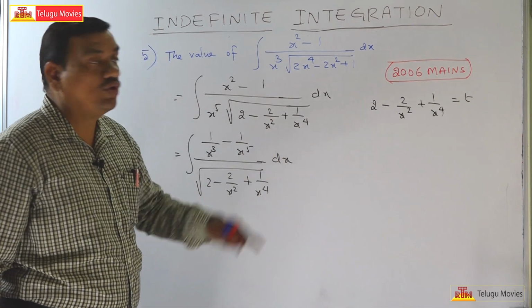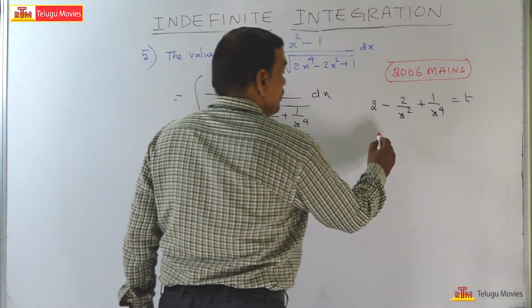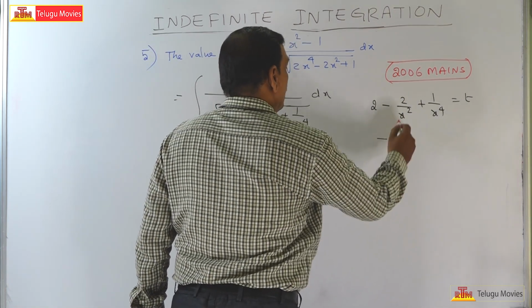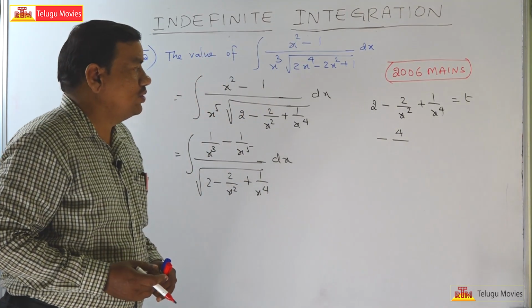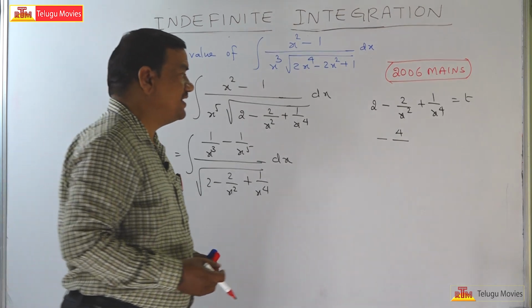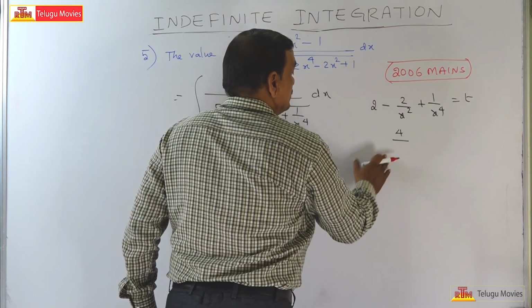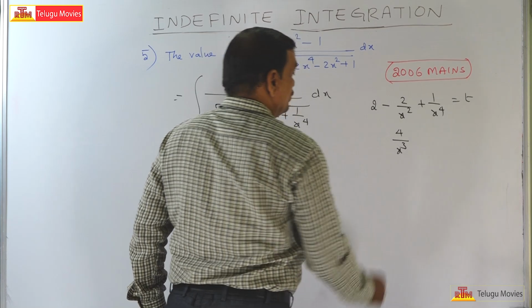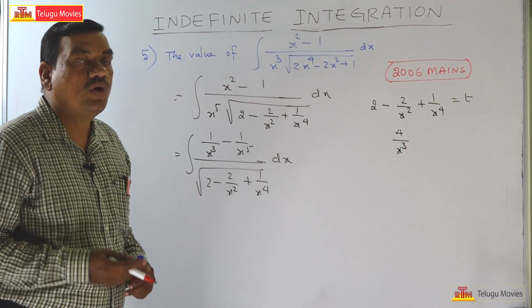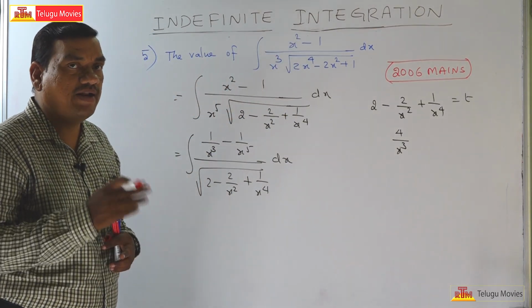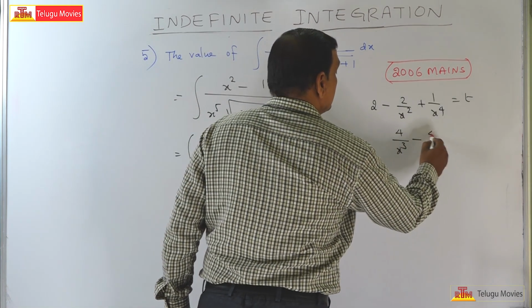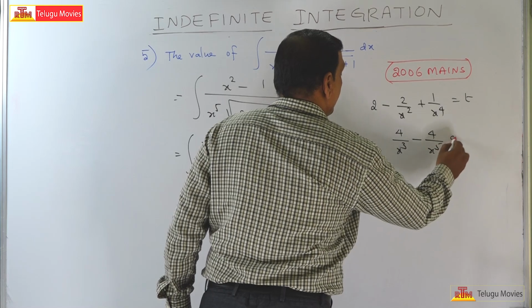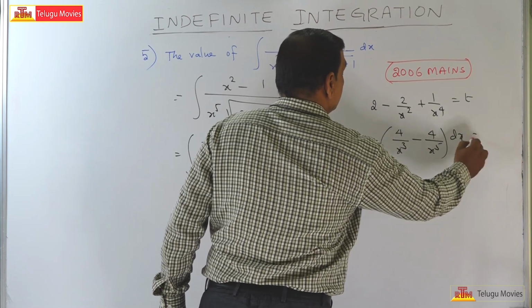For 2 the derivative is 0, so this is equal to minus, so 4 by x cube, and minus 2 into x to the power of minus 2 minus 1, that is x power minus 3. So, this is equal to minus 4 by x to the power of 5, dx is equal to dt.